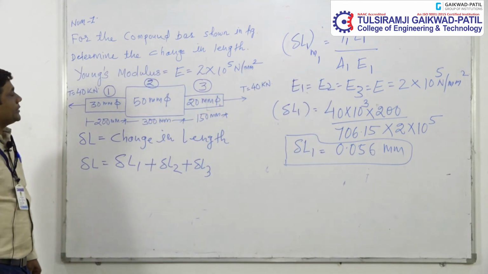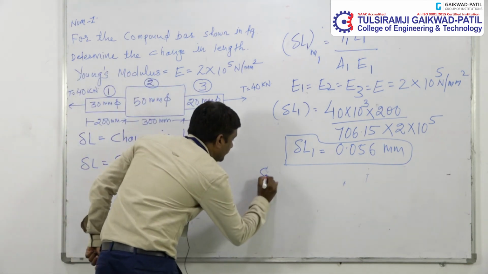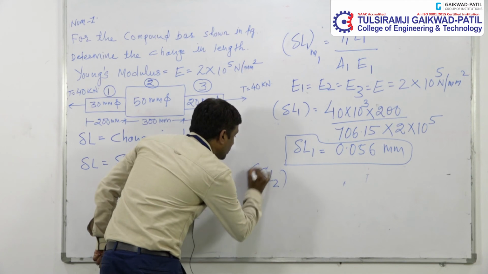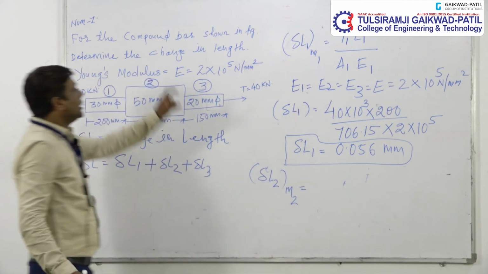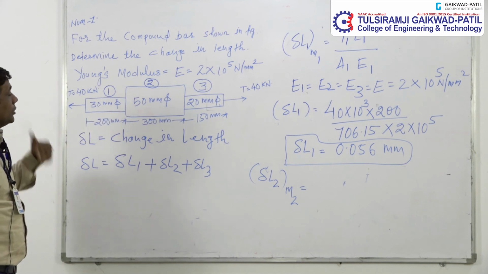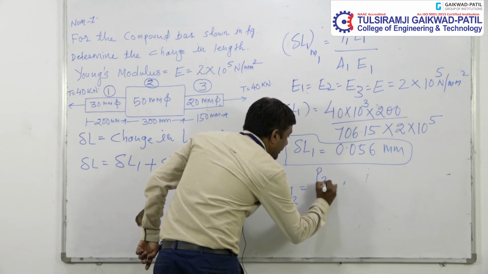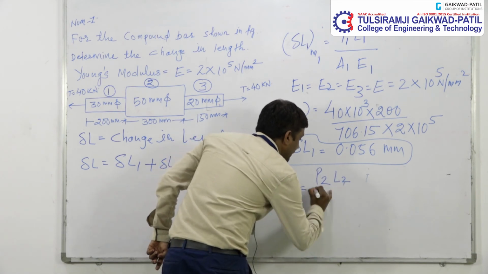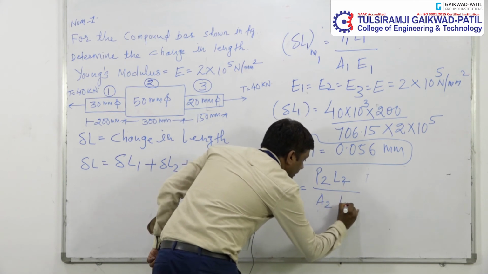Okay. So next, to calculate delta L2, this is the value for material number 2. We are using the same formula, but the notation will be changed. So here your force or load will be P2 into L2 divided by A2 into E2.